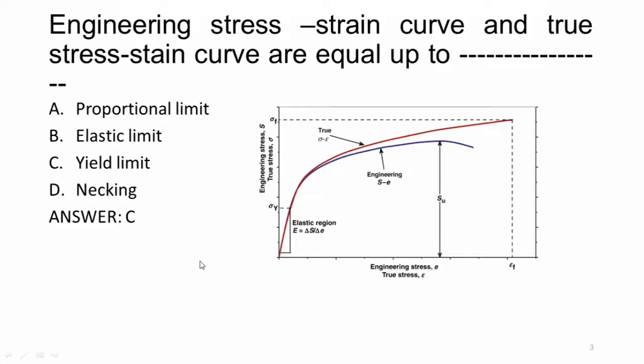By using this assumption, we do the following calculations, that is finding out stresses, strains, and then bending moment, shear force, and so on. Based on this assumption, we are using the engineering stress strain curve. These two curves will be the same up to the yield limit, when there is upper yield limit and lower yield limit. This is the difference between the two stress strain curves, and this is an important question.